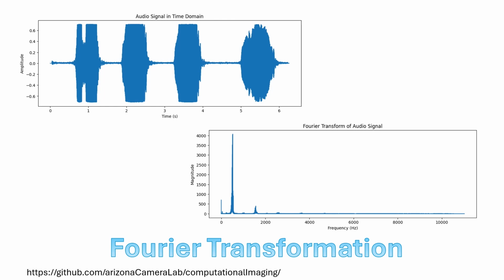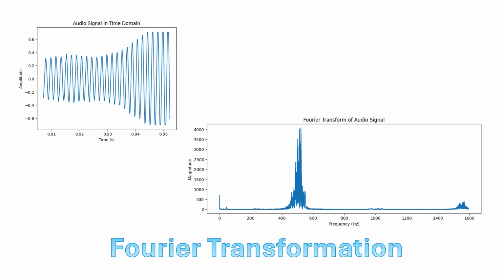We can see those by zooming in a little bit into the audio file, which we do on this next slide, where we've zoomed into just a 50 millisecond time sample at the upper left, and then we've zoomed in on the Fourier transform. We can see a first peak on the Fourier transform at around 500 hertz. If we look at the plot of the time samples, you can go and count over here.